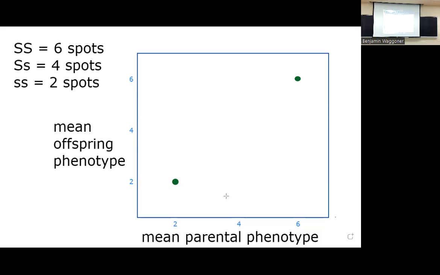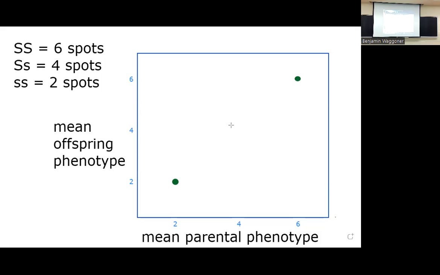What's the mean parental phenotype? 4. If we cross 1 with 6 and 1 with 2, the average of 6 and 2 is 4. Yes. All right, if we cross a big S big S and a little s little s, what will all the offspring have? They will all be big S little s, and they will all have 4 spots.